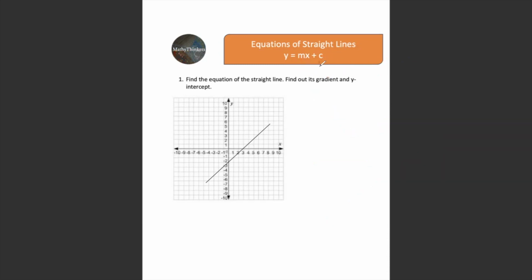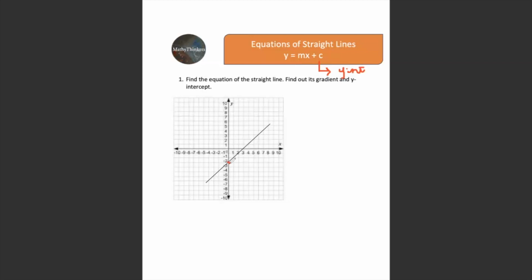And this c is called the y-intercept. The y-intercept tells us where the graph cuts the y-axis. We know that this is the y-axis, right? That is the x-axis. So this particular straight line cuts the y-axis at this point here.